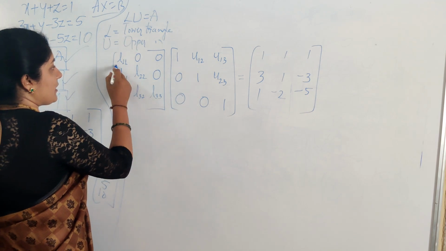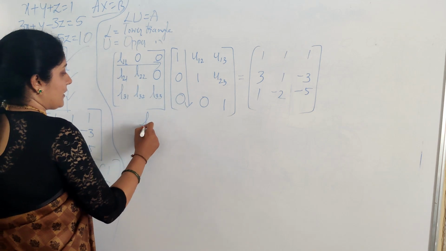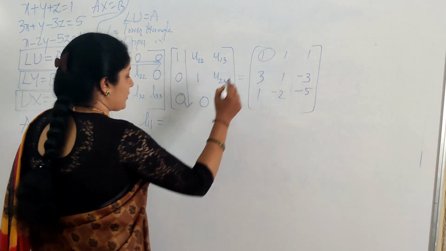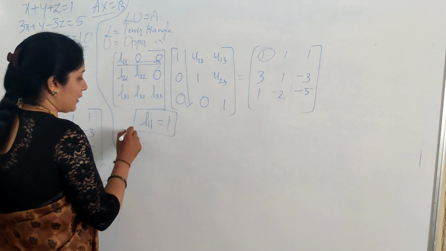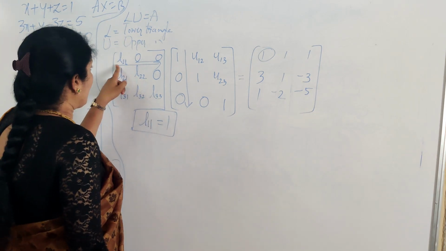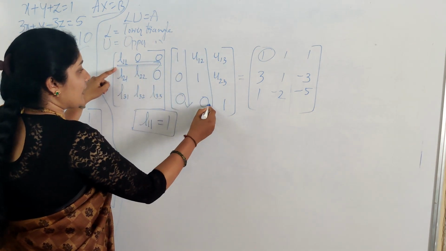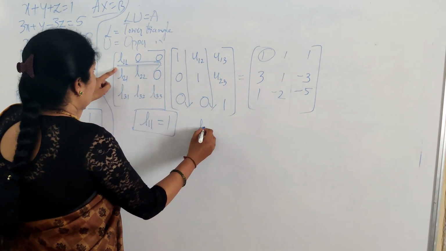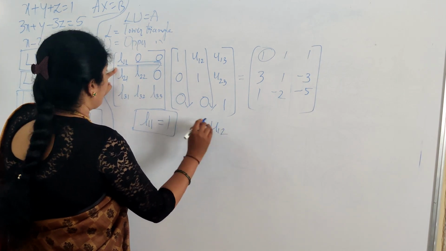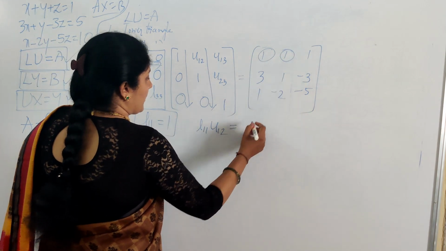Multiplication you know, right? First row into first column, that is L11 because the remaining are zeros. That is equal to 1. So we got L11 as 1. Next, first row into second column, that is L11 into U12, remaining are zeros, equal to 1.